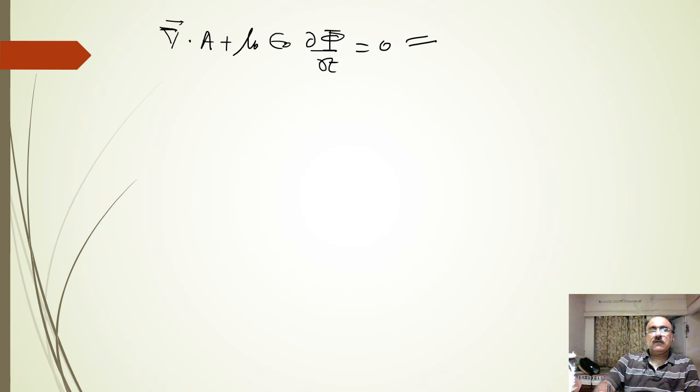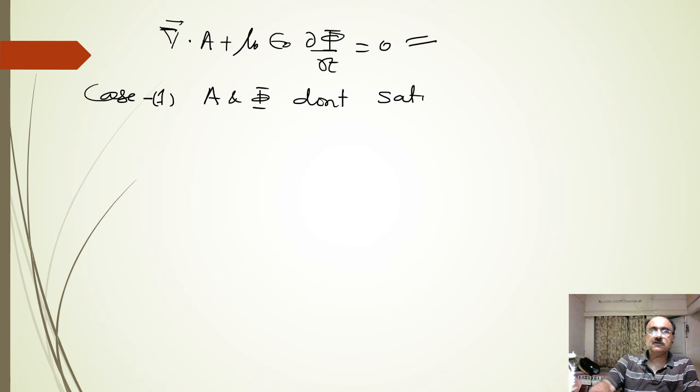Now you will remember here that there may be two cases. One case may be that the original set of potentials A and phi don't satisfy the Lorentz condition.